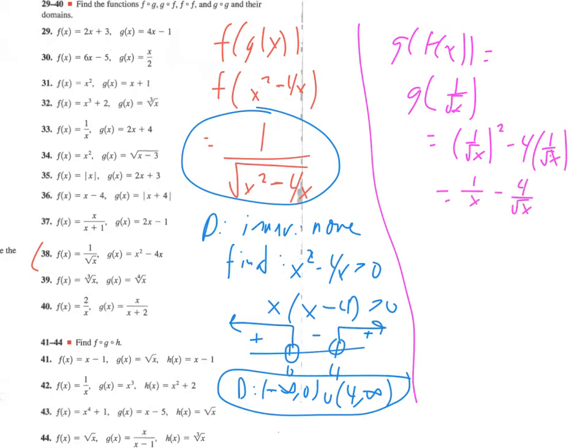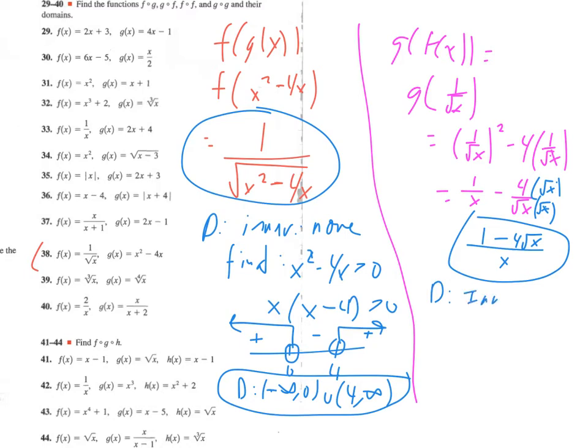And then this one will be 4 over radical x. We could do a common denominator here if we wanted to. So I would multiply this by rad x over rad x, which would make this 1 minus 4 rad x over just regular old x there. And so I would probably write my answer like that.